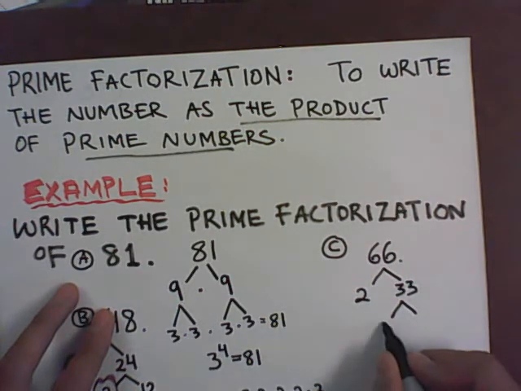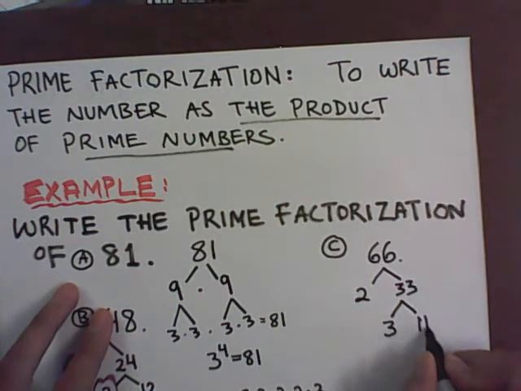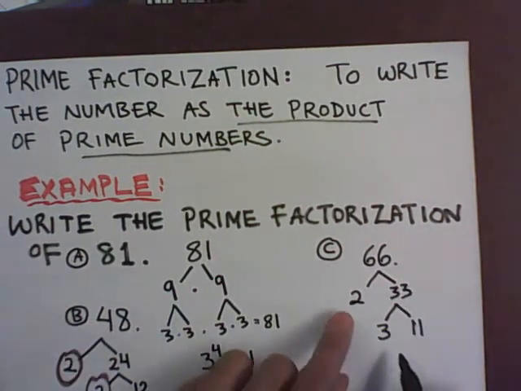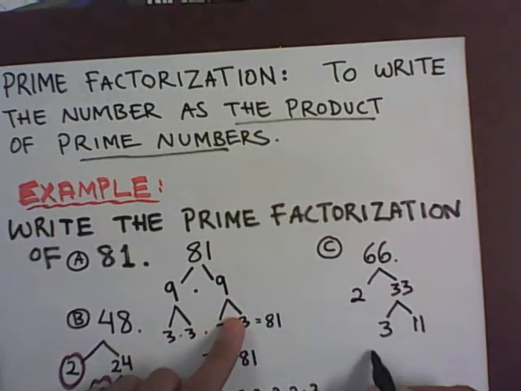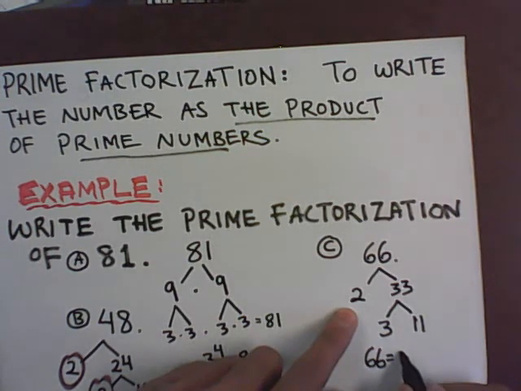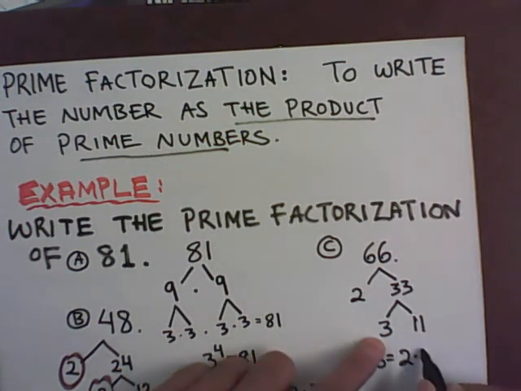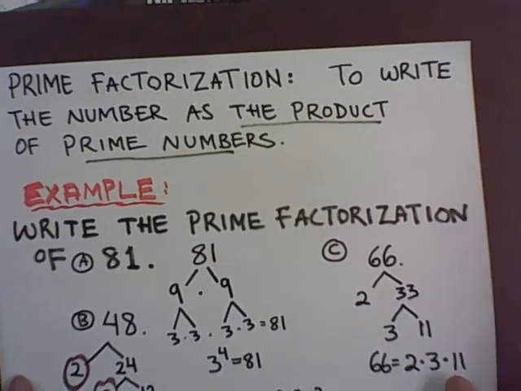So what goes into 33? And well, that's 3 and 11. Alright, so this is prime, that's prime, that's prime. Okay, we're all set. So now the answer is 66 is equal to, start with the small one, 2 times 3 times 11.